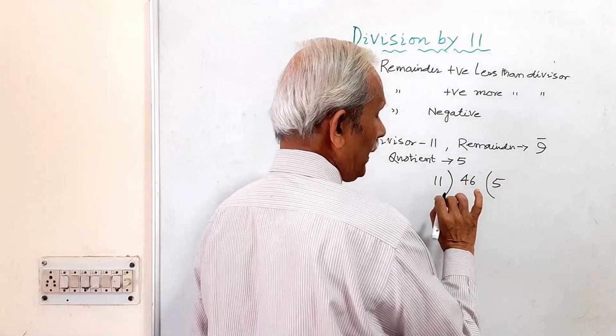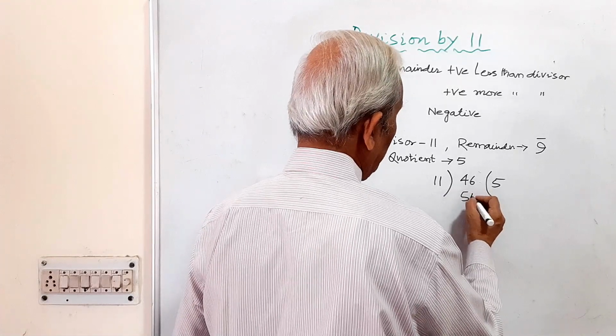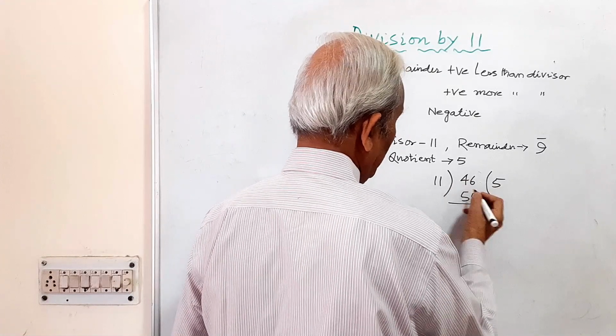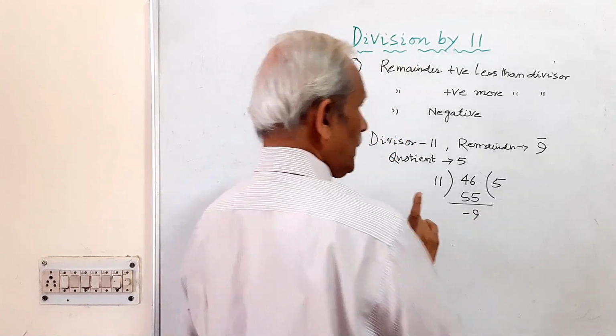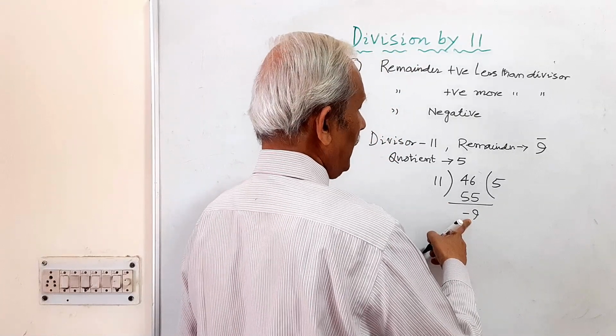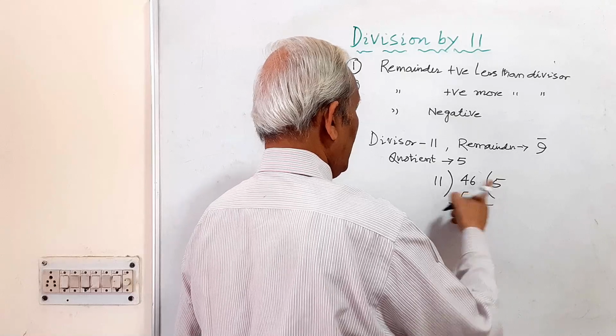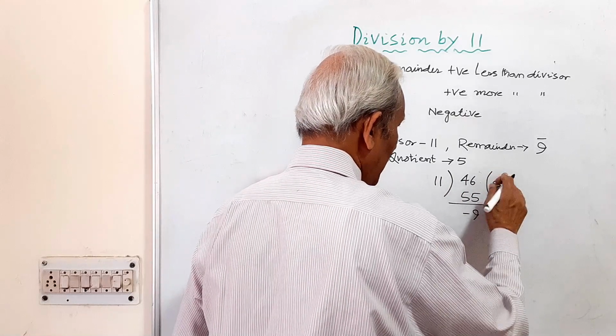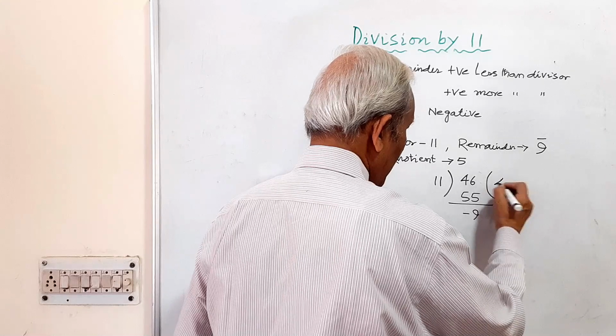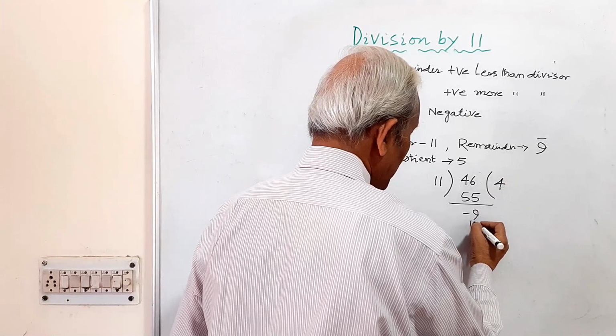Just imagine, I will take an example, and it becomes 55. 5 11s are 55. What do you get? Minus 9. This is the situation. Here the remainder is minus 9, the quotient is 5 and the divisor is 11. So what you do is, rather than taking it as 5, reduce it to 4 and add 11 with this.